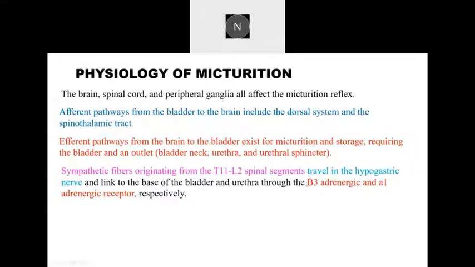And there are two types of receptors, beta 3 adrenergic receptors. Normally, we talk about beta 1 and beta 2. Beta 1 is cardiac chronotropy, and beta 2 is bronchodilation. The beta 3 is here. Where else is beta 3 operating?